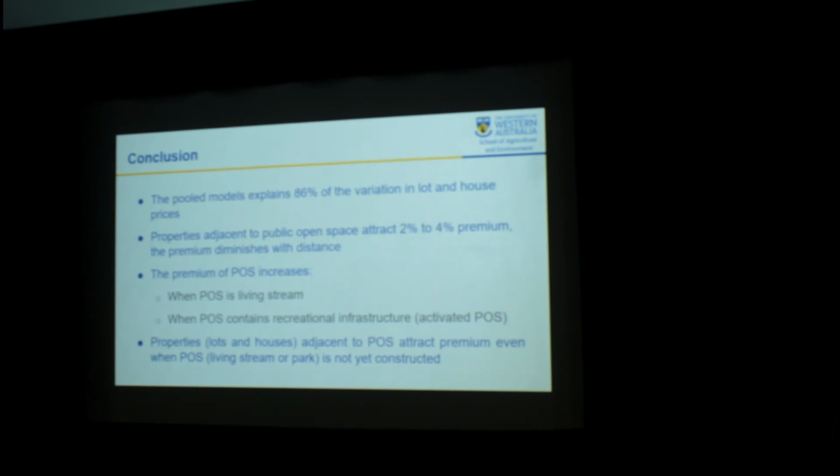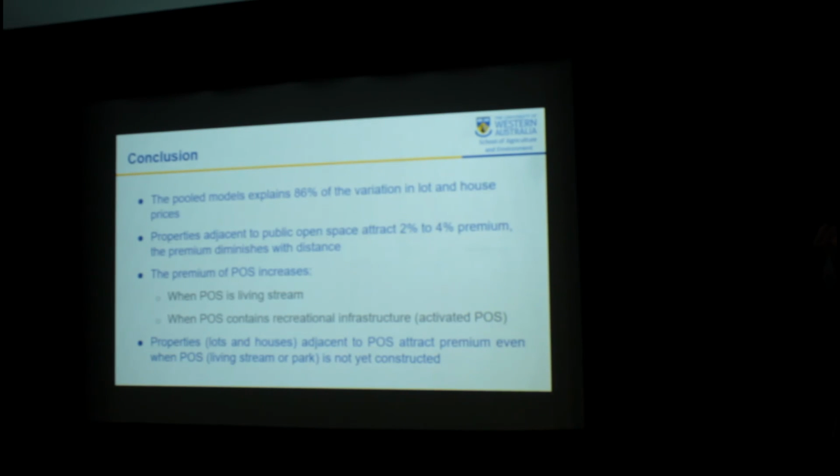And then the additional premium for public open space comes from this public open space being living stream, so people like water, and also this public open space containing some recreational infrastructure, such as playgrounds or barbecue places.